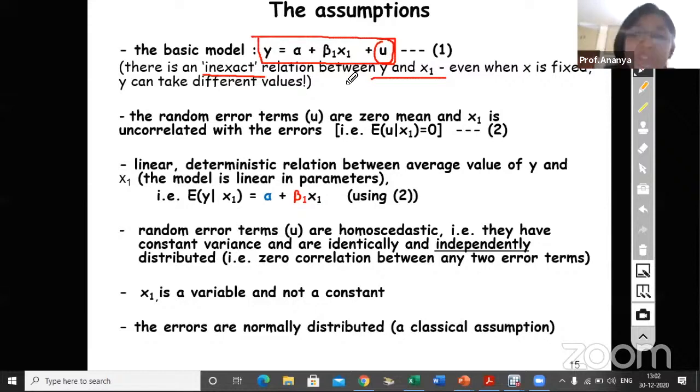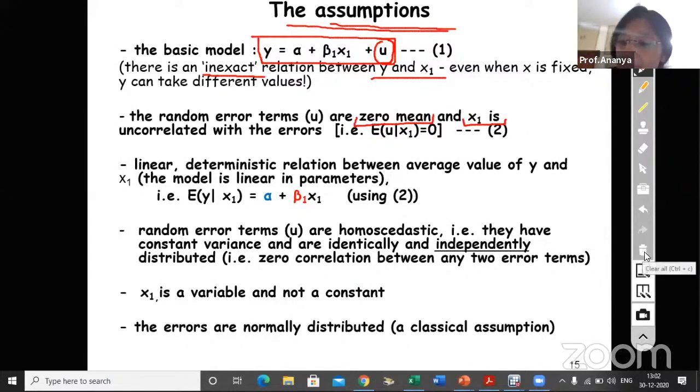So the errors, which are unobserved, are what most of our assumptions are addressing. All the OLS assumptions are basically assumptions about these unknown errors, which are unobservable. What do we assume? We assume that the errors are zero mean and that they're uncorrelated with the x's.